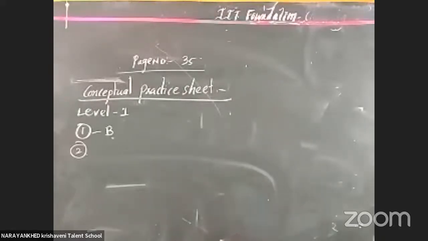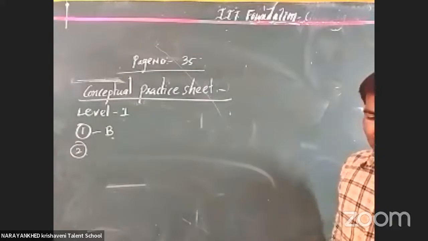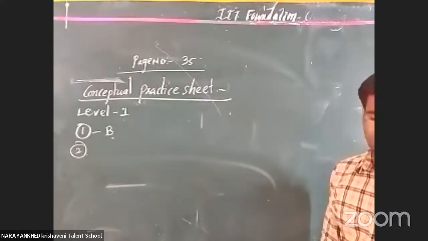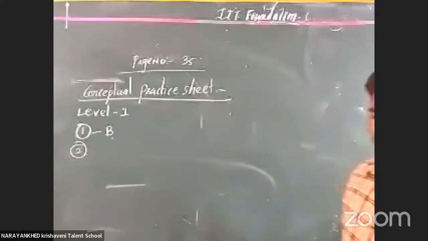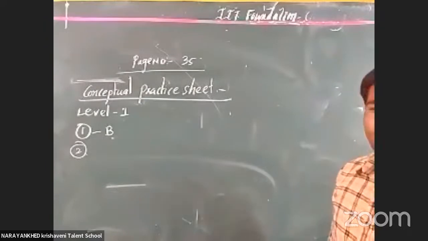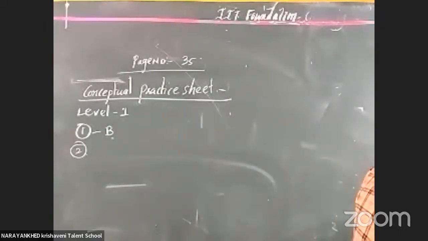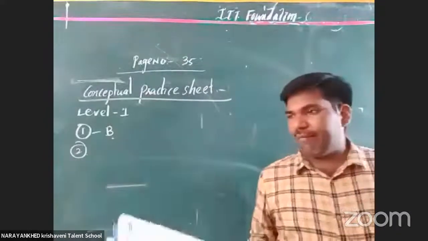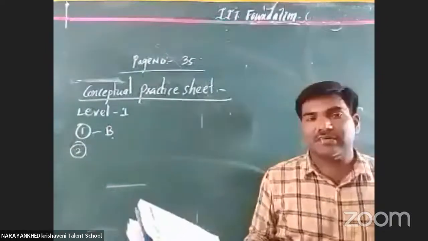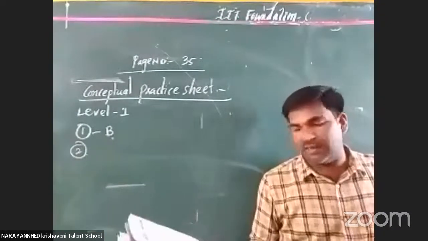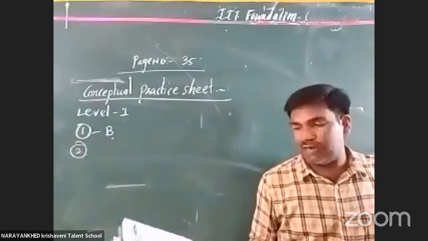Next one, the second point: a vector quantity can be dimensionless quantity, specify only magnitude, specify only direction, or specify both the magnitude and direction.